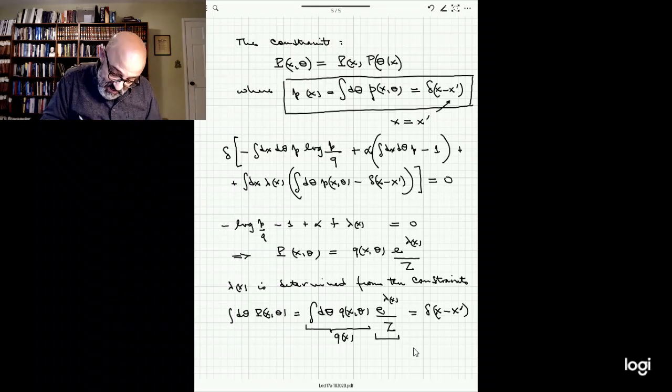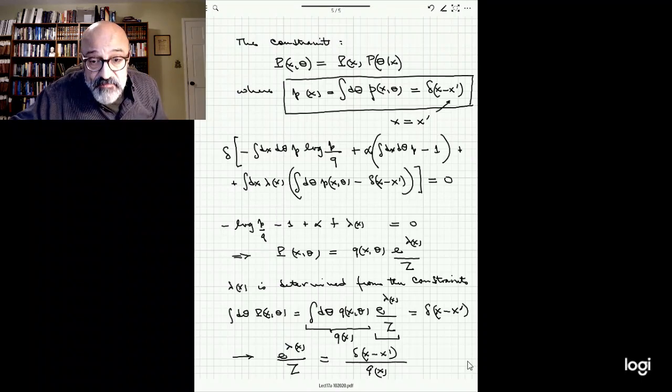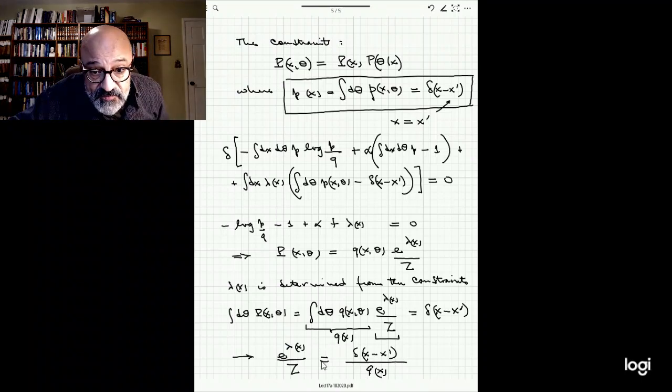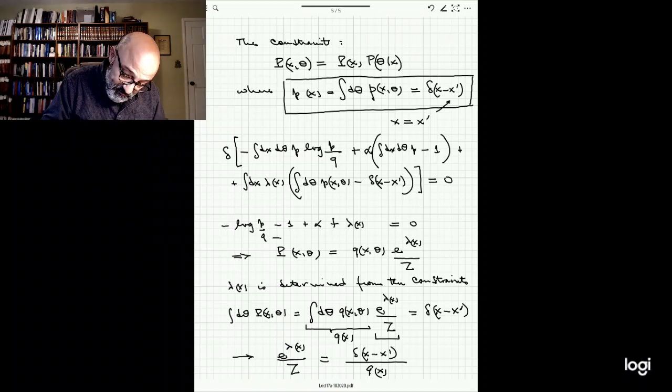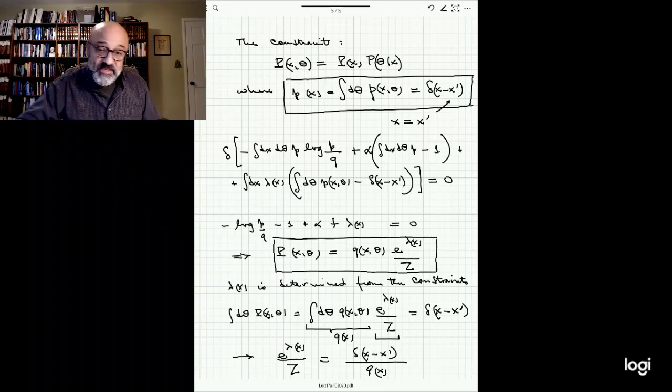And so what this means is that whatever these guys are, this has to be equal to delta of x divided by q of x. Let me substitute this expression back there.